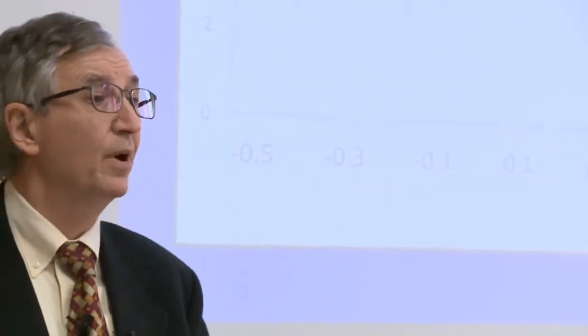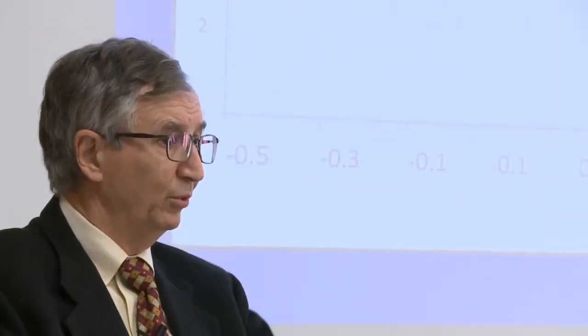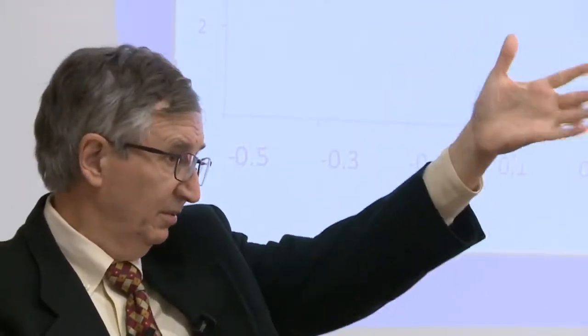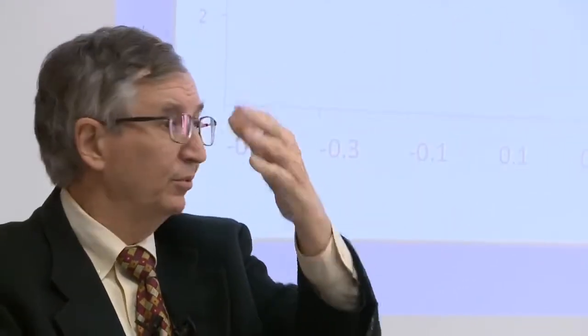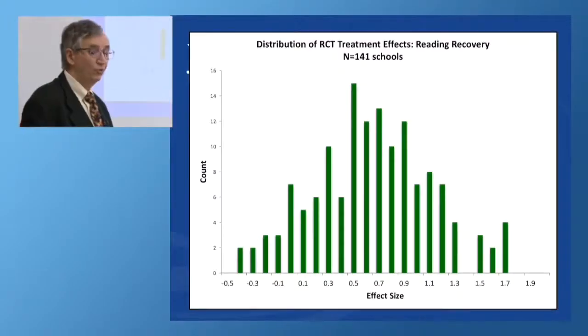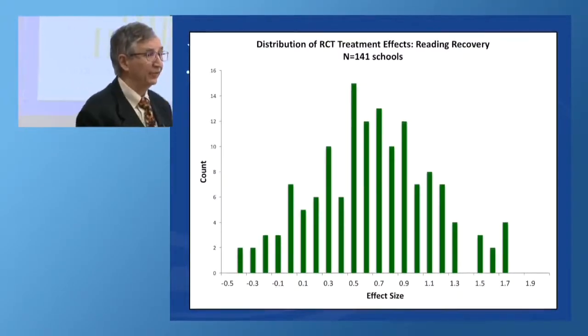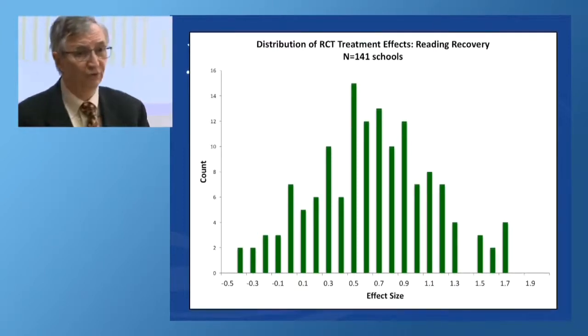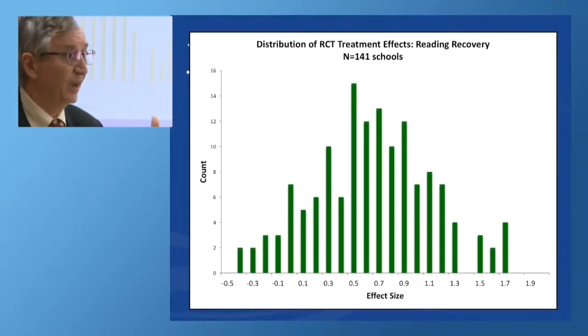However, this study, to its credit, was done as a multi-site trial, so that within each school, some students are randomly assigned to reading recovery, and some students are not. And so you can essentially get a distribution of reading recovery effects across the 140 different schools in which this work was carried out.